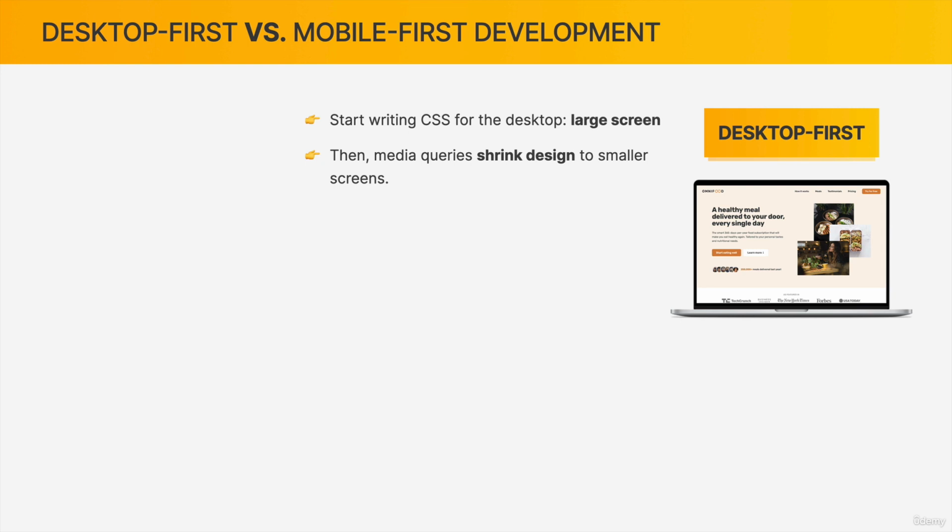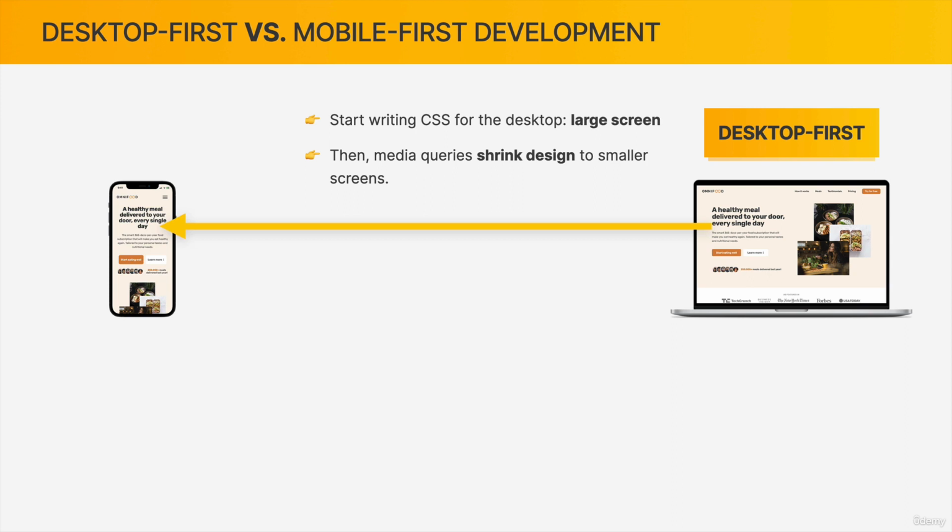Then later, when we actually want to make the website responsive, we simply write media queries in order to shrink the design to fit to smaller screens. This is the more traditional way of doing things, and it's also the easier way to learn, in my opinion. And so, therefore, that's the reason why we will actually use the desktop-first approach in this project.